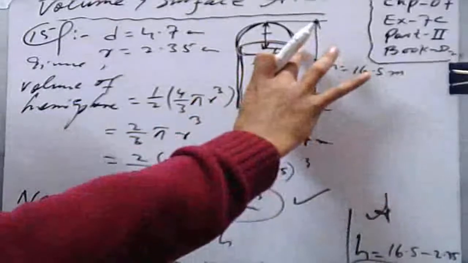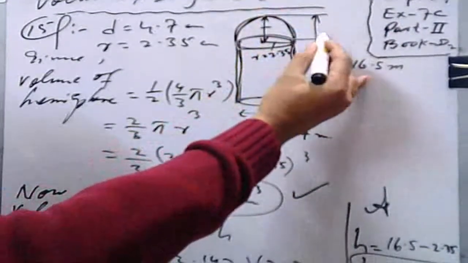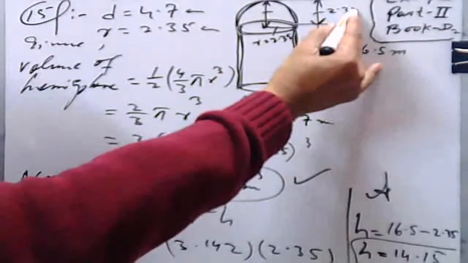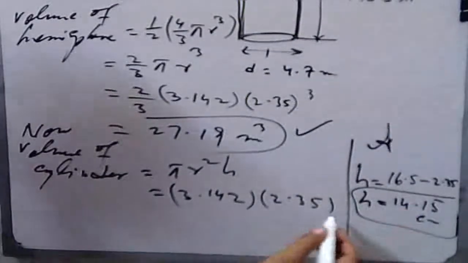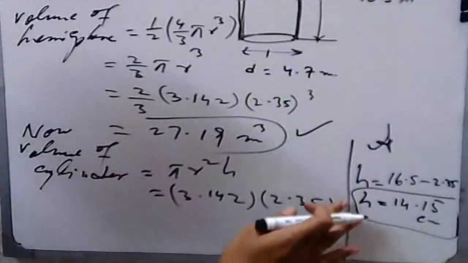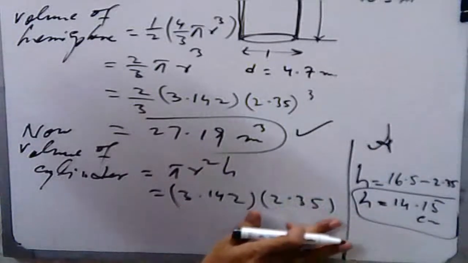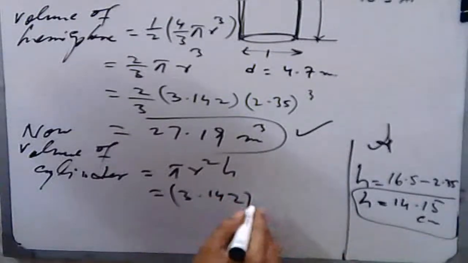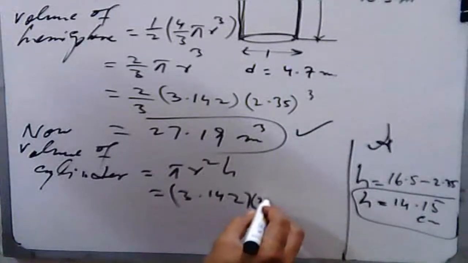The value of r is 2.35, squared, and the height is 14.15. After simplification you will get 245.6 meter cube. That is the volume of the cylinder.